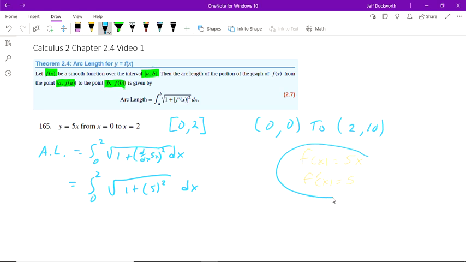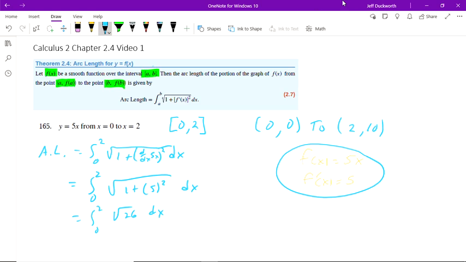Again, I did the work over here, but it works more smoothly to show the reader what you're actually doing from step to step. So I've got the derivative notation of 5x, which comes out to be 5. All right, well, 5 squared is 25, so this is just going to be root 26.